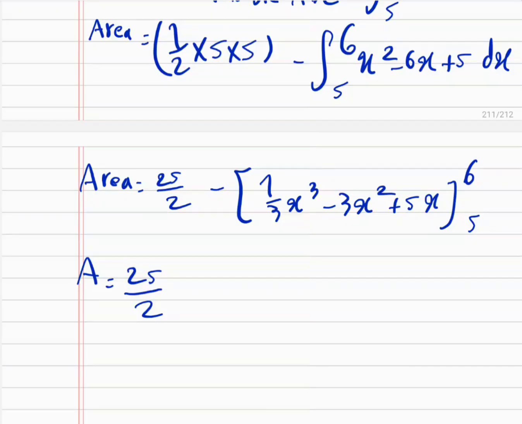So we substitute 6 and then minus 5 substituted. Once we do that, we have this minus here, but the value that we'll get is 7/3. And therefore the area is equal to 61/6.